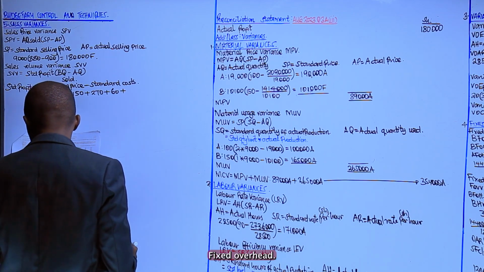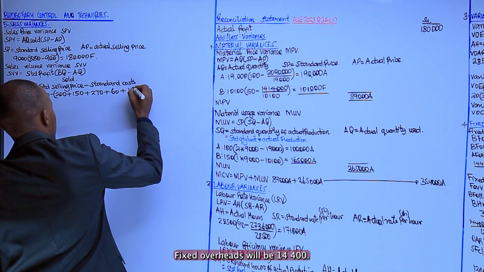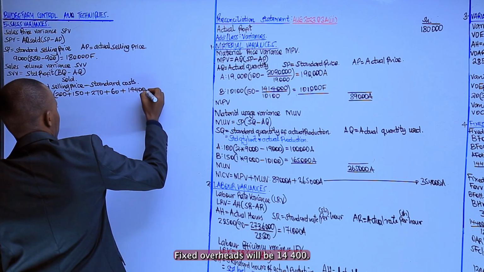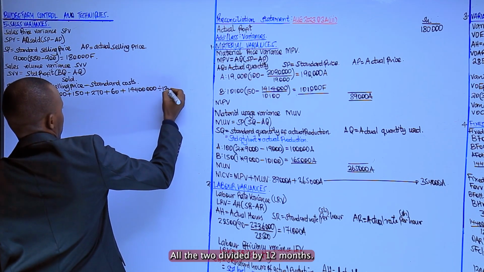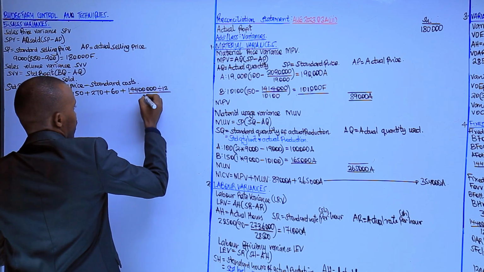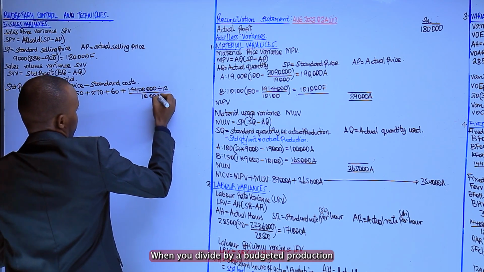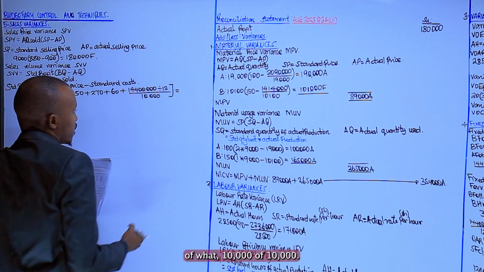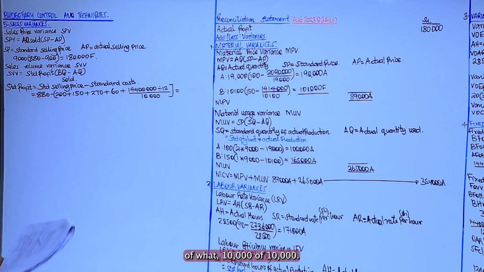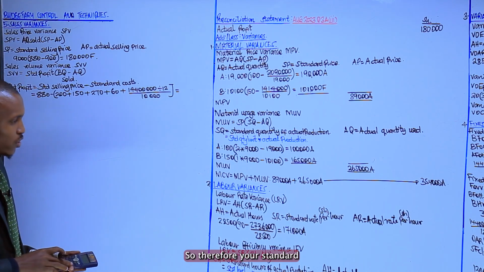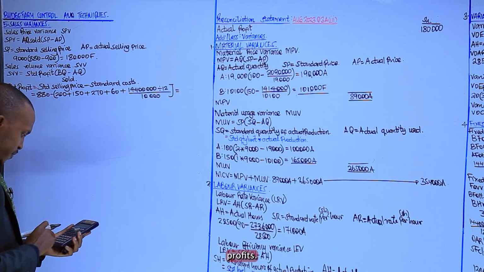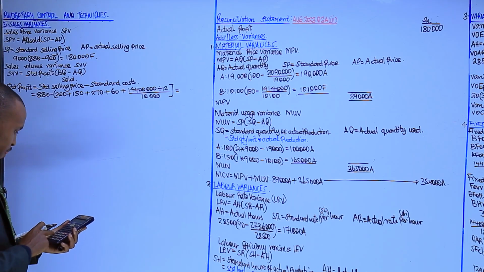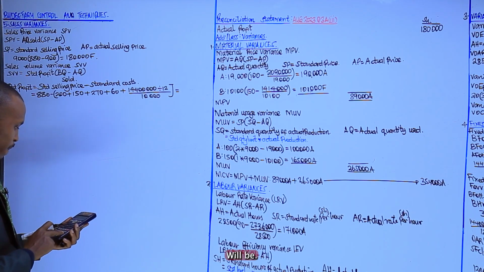Fixed overheads will be 14,400, all that you divide by 12 months, then you divide by a budgeted production of 10,000. So therefore, your standard profit will be 80.